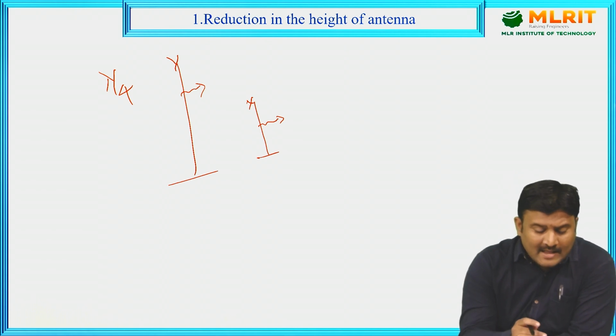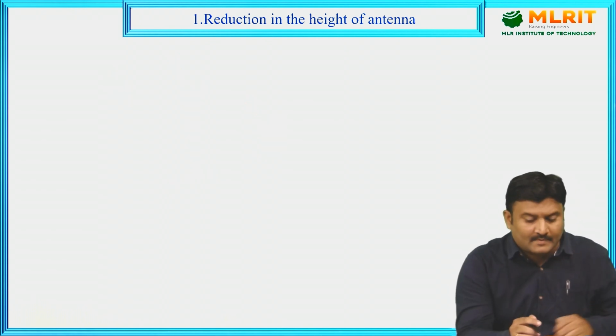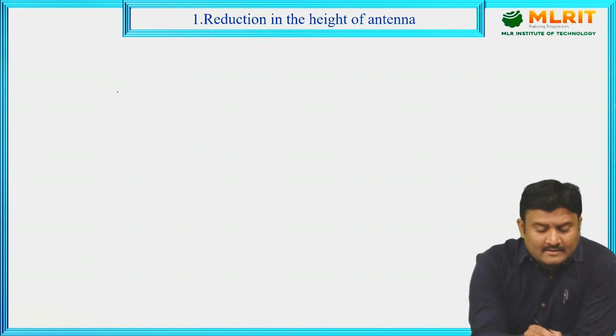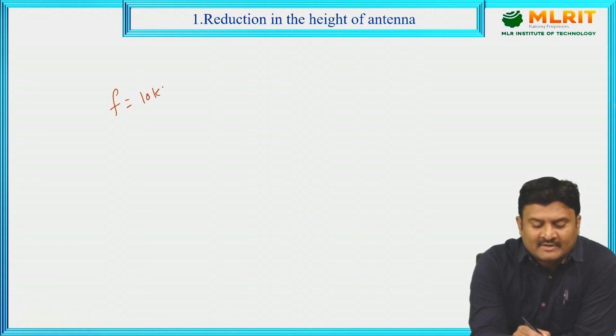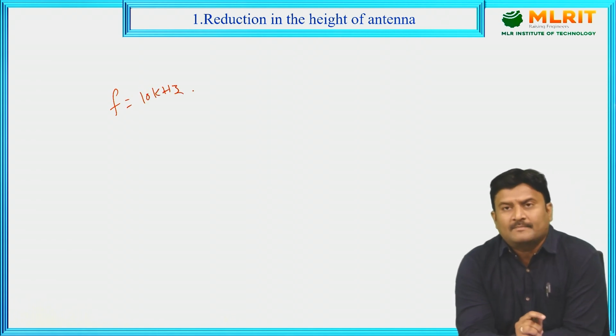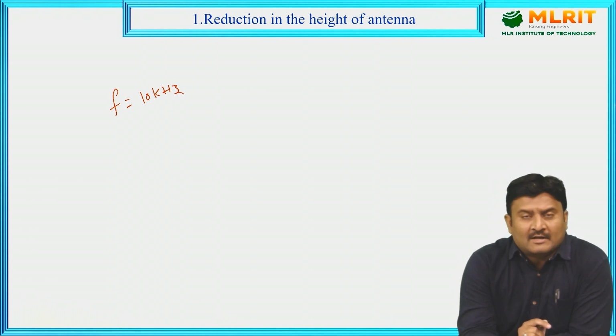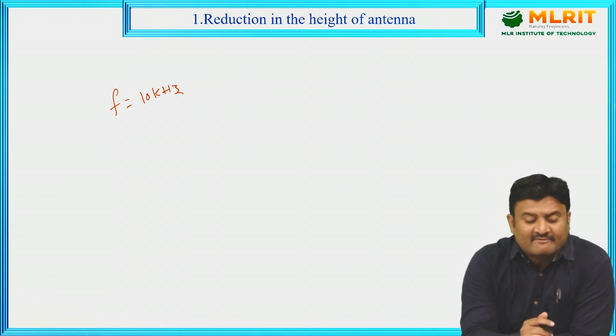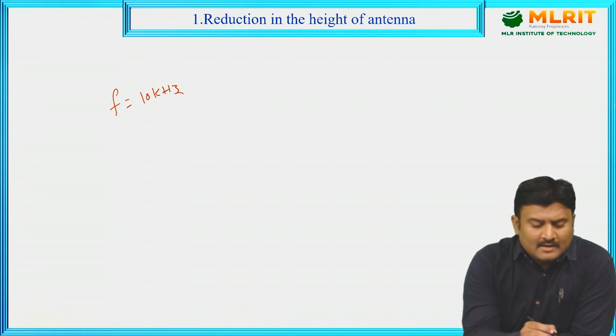If I am transmitting a signal, the frequency of the signal should be equal to 10 kilohertz. Remember, the transmission signal frequency should be equal to 10 kilohertz. Then observe here, the length of the antenna is always proportional to the wavelength lambda.